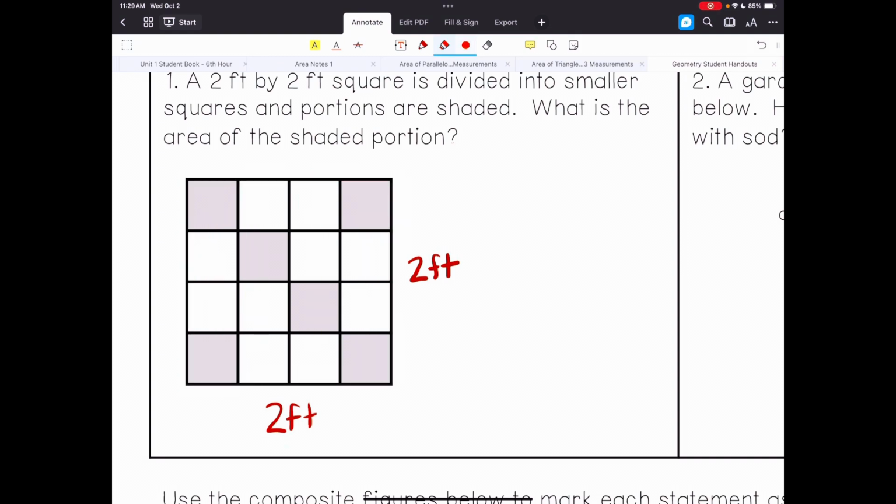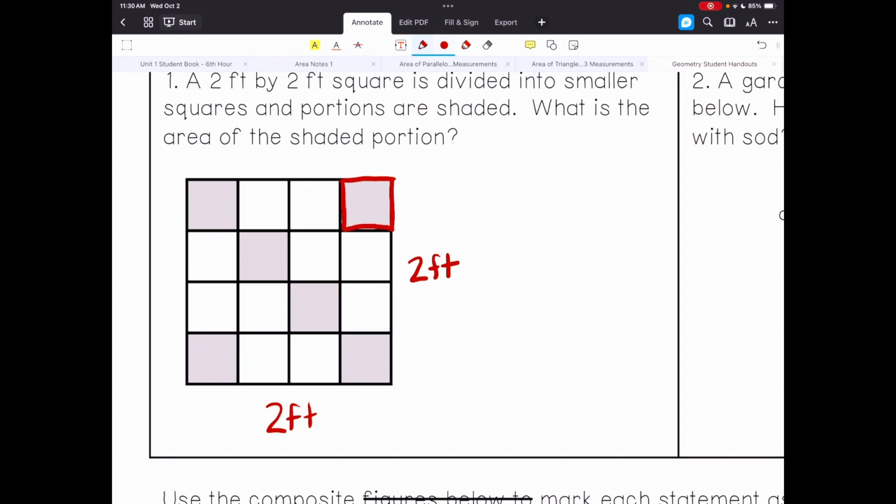We could also divide up to find what is the base and the height of just these 2 pieces using 2 feet and dividing it into sections. But I think I like the idea of us dividing it up and then finding the base and the height of just one square.